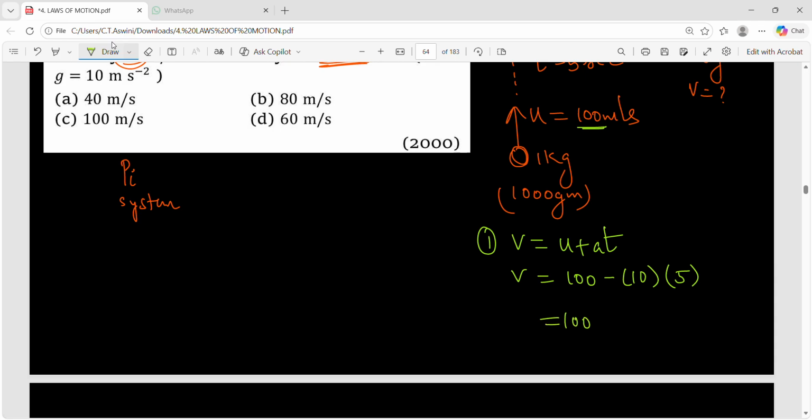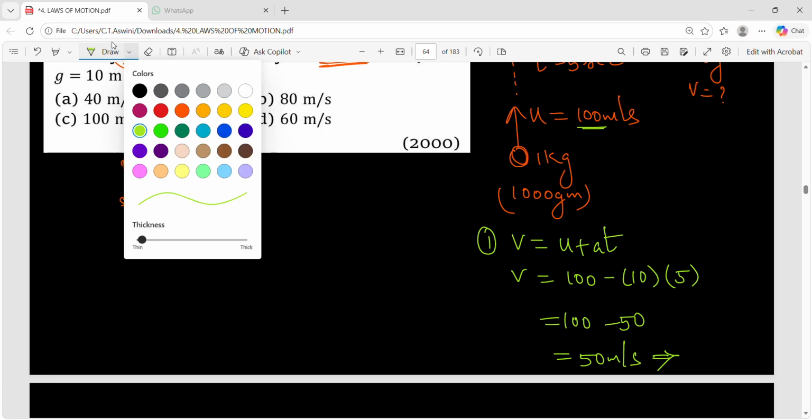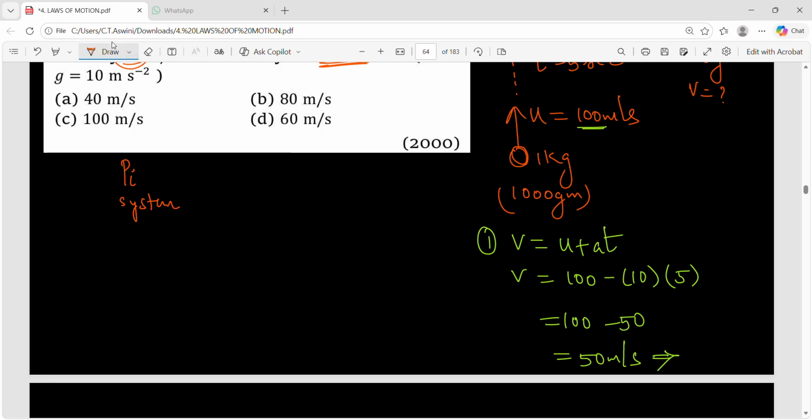So simplify this. 100 minus 50. So I will get 50 meter per second. So this is the velocity before the explosion. So what is the initial momentum of the system now? It is mass, which is 1 kg, into velocity, which is 50. So the initial momentum of the system is 50 Newton second. Keep it as 1.